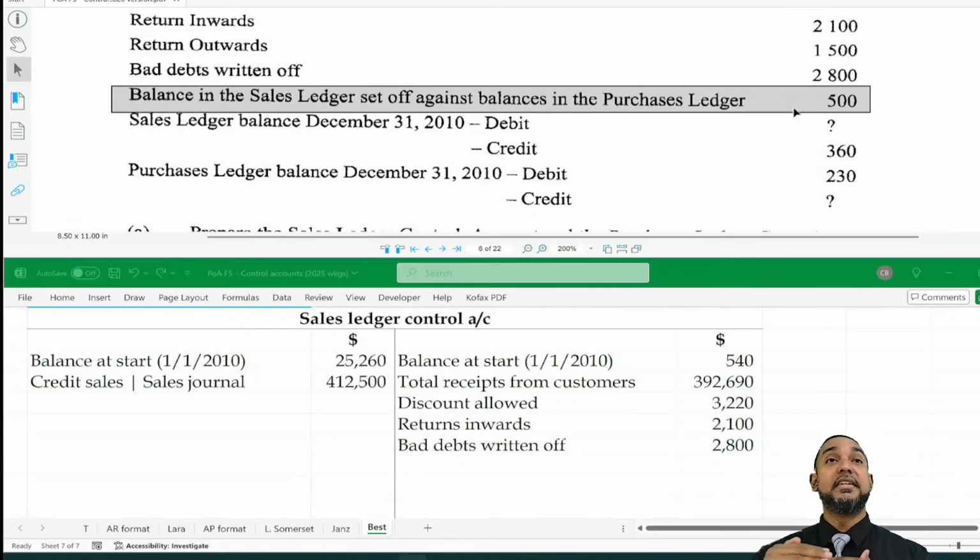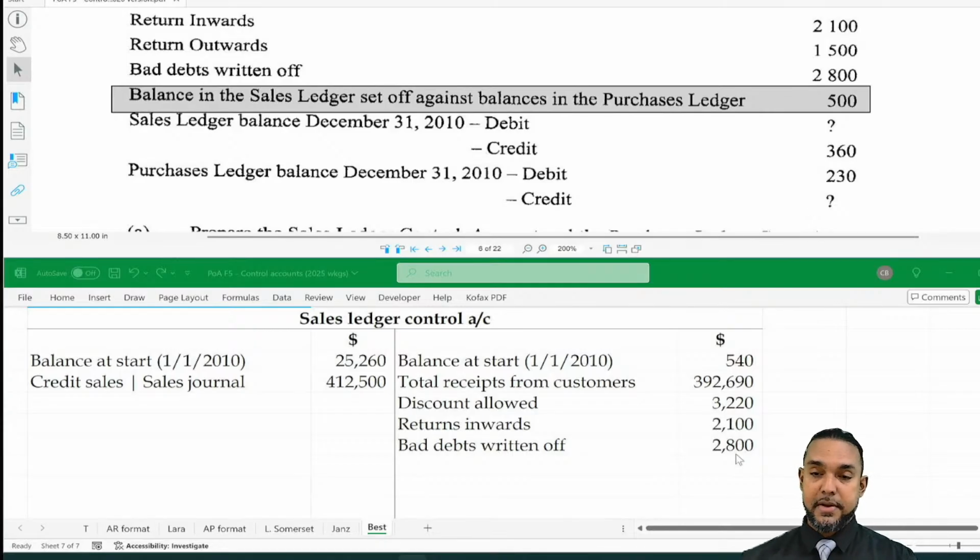What it does is reduce the amount on both sides. So this figure here, this 500 for set off, says balance in the sales ledger set off against balances in the purchases ledger. So it appears in both control accounts, on the side that causes the decrease. In the debtors control, this is an asset, and to record a decrease in an asset you have to credit.